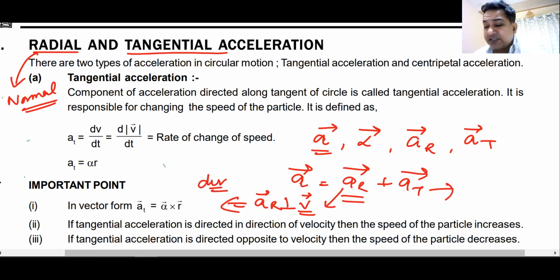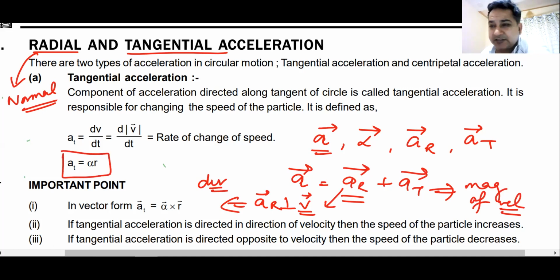And what does this tangential acceleration do? This changes the magnitude of velocity, or it changes the speed of the particle. Am I clear? Tangential acceleration changes the speed of the particle. Radial acceleration changes the direction of velocity. Tangential acceleration is related to alpha in this fashion: AT is alpha into R. Alpha changes the magnitude of angular velocity.